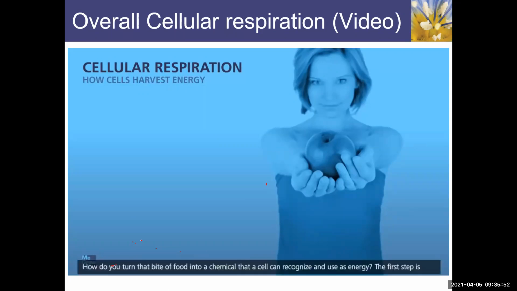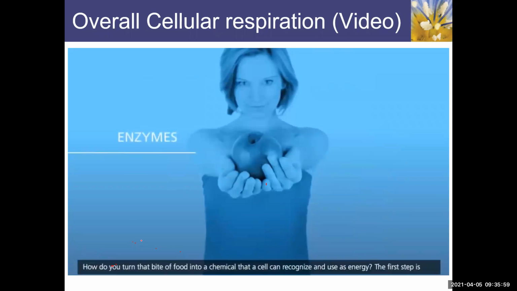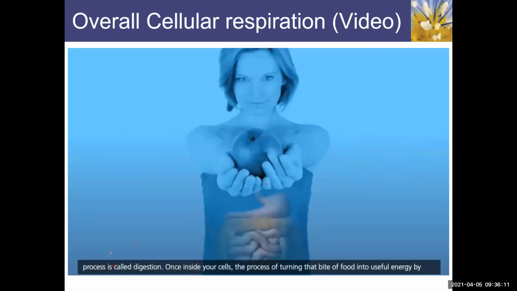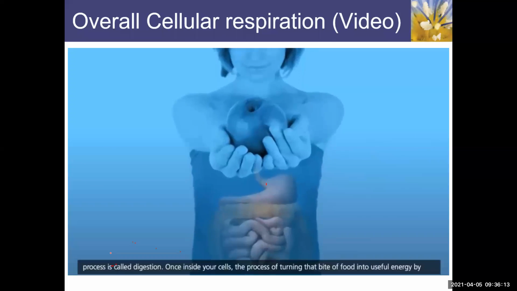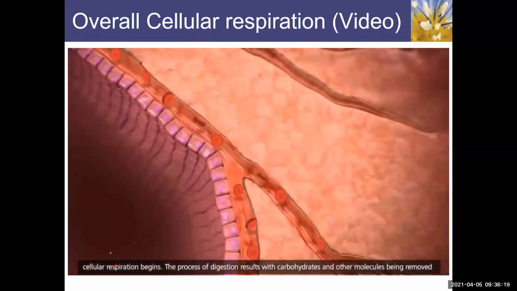How do you turn that bite of food into a chemical that a cell can recognize and use as energy? The first step is altering the food into its component chemical compounds and then getting those molecules into your cells. That process is called digestion. Once inside your cells, the process of turning that bite of food into useful energy by cellular respiration begins.